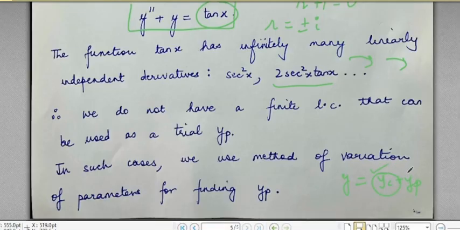You just consider the associated homogeneous equation, characteristic equation, and so on. For yp, if guessing your trial yp and using undetermined coefficients is possible, you do it that way. But that will not be possible every time. For example, for tan x, it's not possible to make a guess of trial yp. So in such situations, we'll be using the method of variation of parameters for finding yp, which we'll be learning in the next video.